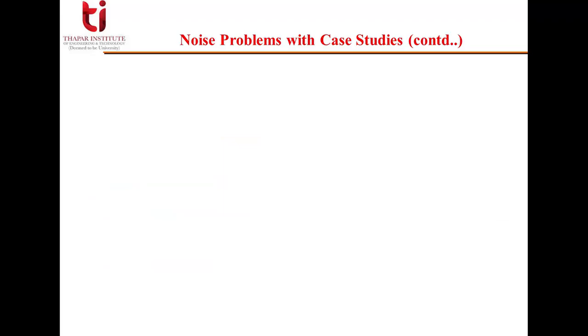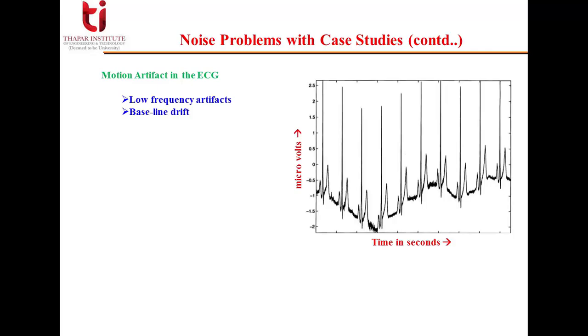Now, the other type of noise in ECG is noise due to motion artifacts. It can be low frequency artifacts and baseline drift. In this figure, you can see the low frequency artifacts in the ECG signal.